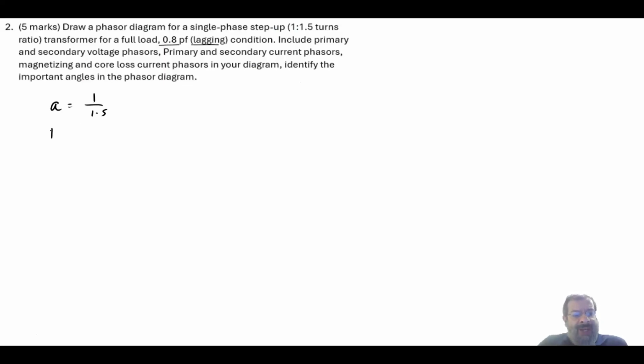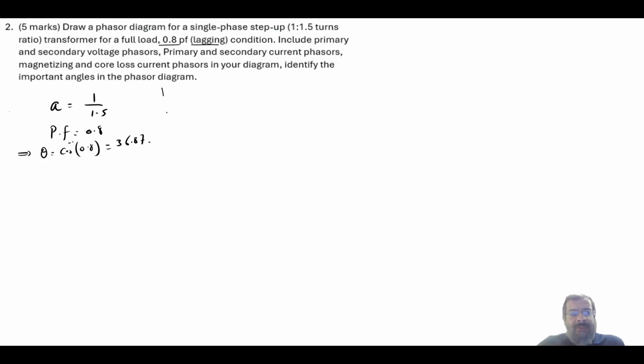So the power factor is equal to 0.8, and from this, your theta will be cosine inverse of 0.8, which is equal to 36.887 degrees. Include primary and secondary voltage phasors, primary and secondary current phasors, magnetizing and core loss current phasors in your diagram. Identify the important angles.